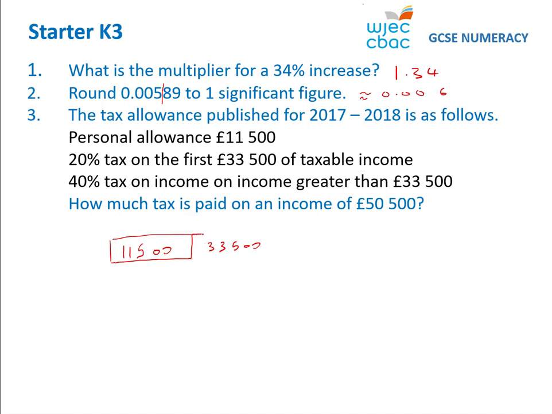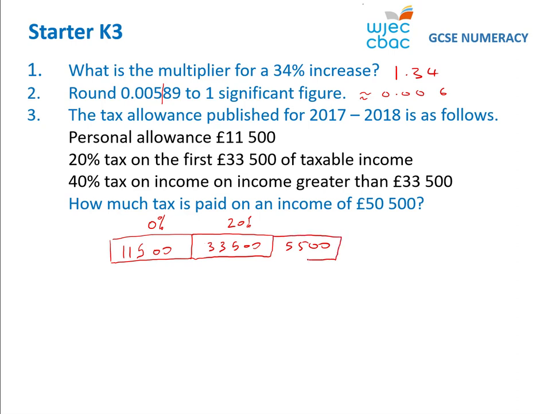That's going to be taxed at 20%. It's 0%, 20%, and if you combine those together, you get 45,000. Take away from 50,500, and you're left with 5,500.